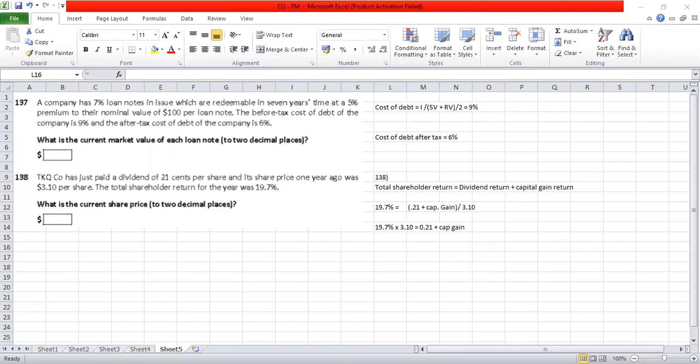How much is this one? 19.7 into 3.1. 0.61. Yes, ma'am. 0.6107.